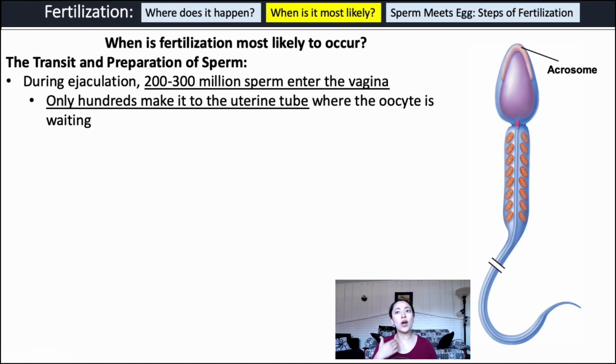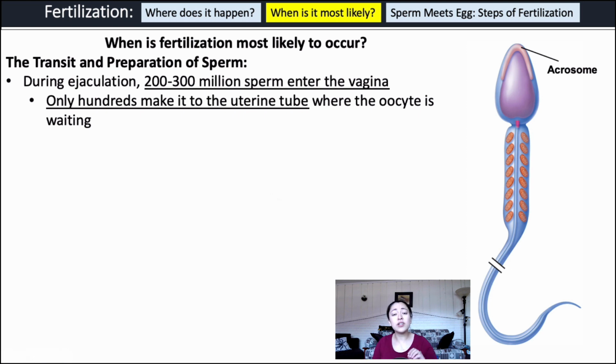Next, we're going to answer the question, when is fertilization most likely to occur during a female's reproductive cycle? But before we can answer that question, you have to understand a little bit about the behavior of sperm once it enters the female reproductive system. During ejaculation, there's about 200 to 300 million sperm that enter the vagina.